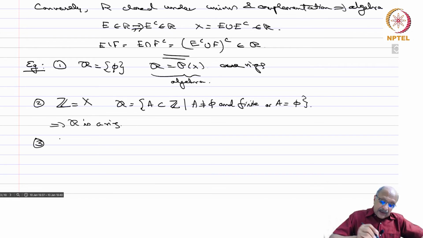Okay, so the next example which you are going to see is a very important example, because this is the starting point of the construction of Lebesgue measure, which we will see later on.